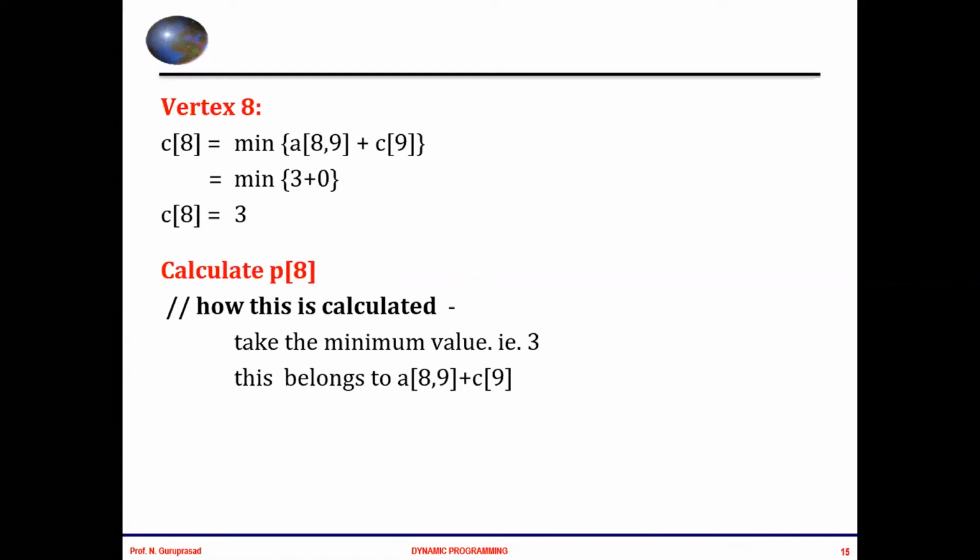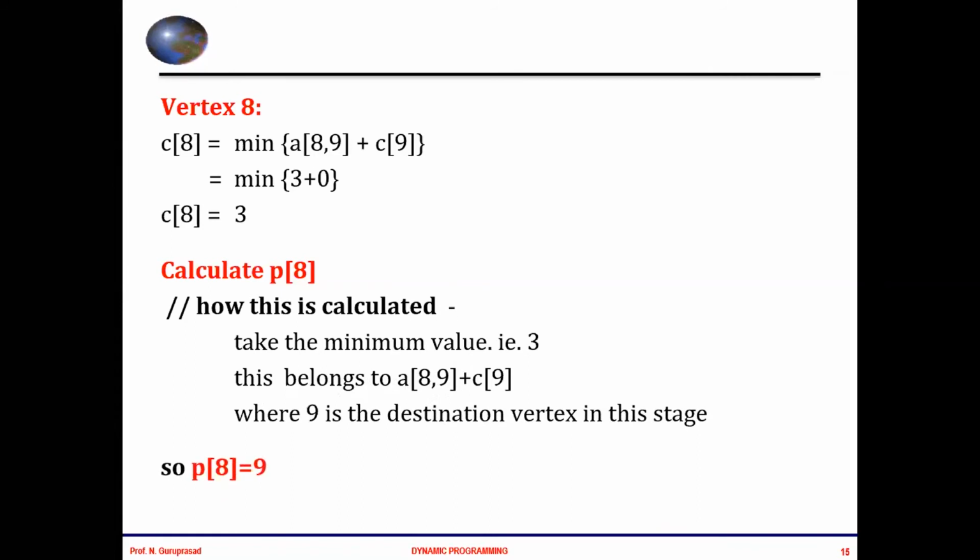So when you are doing the forward approach, when you are coming in the reverse direction, it will always be with respect to the right side vertex. That is vertex 8. I'm sorry, vertex 9. So your P of 8 will be equal to 9. Just make a note of this.